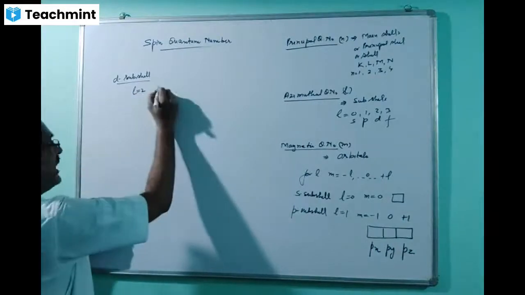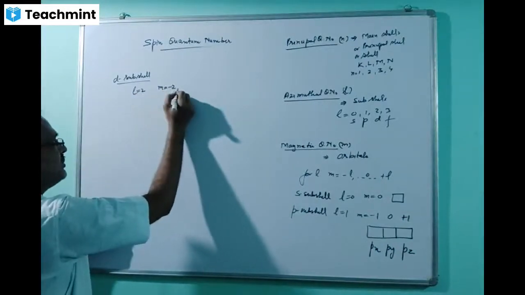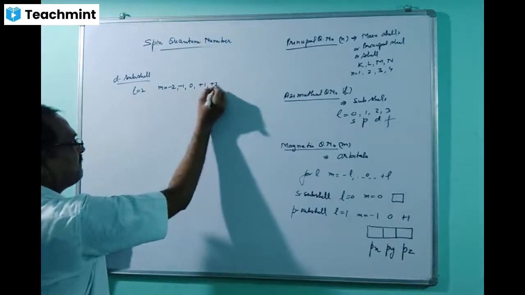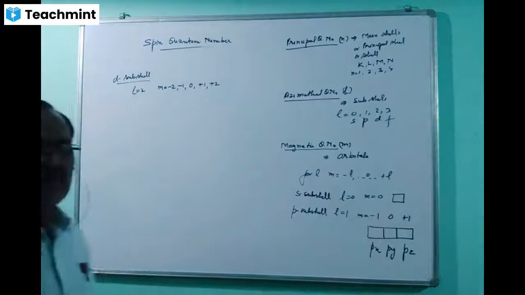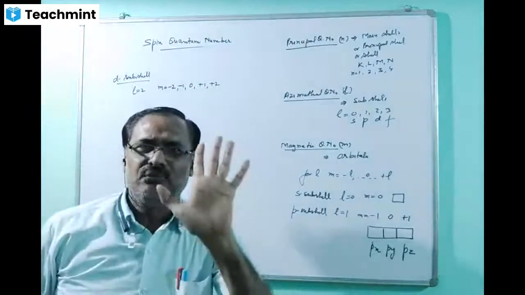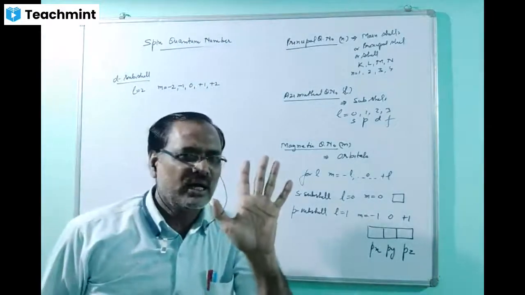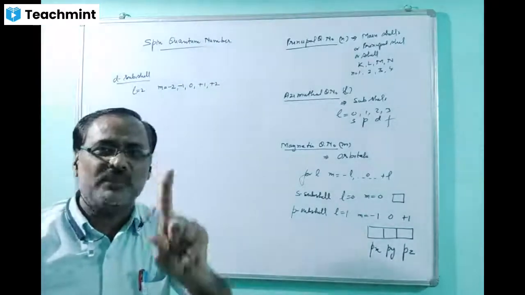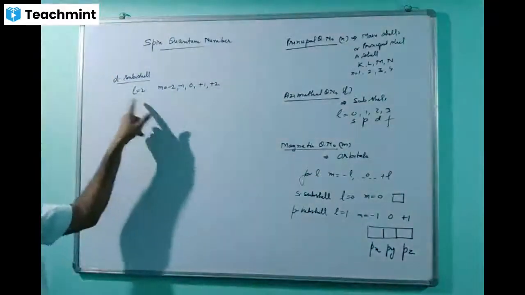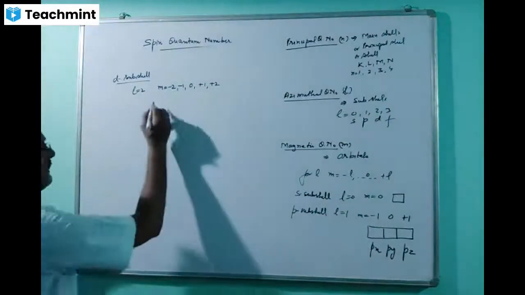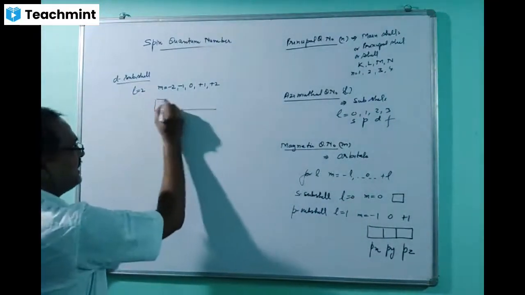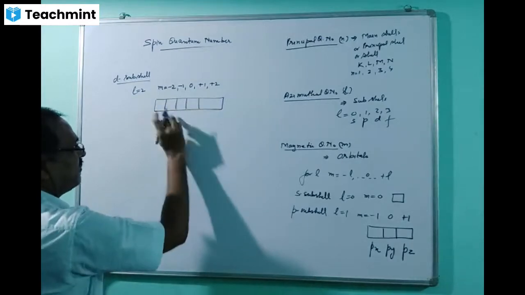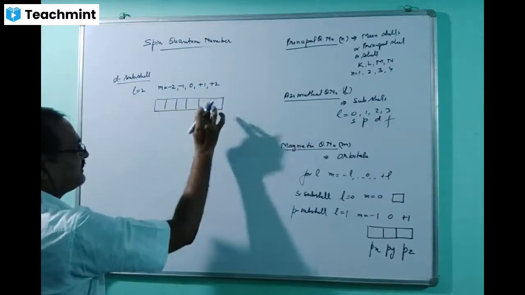Then the value of M will be minus 2, minus 1, 0, plus 1, plus 2. How many values do you get here? 5. So if you get 5 values, then 5 orbitals will be there. If I ask how many orbitals are in the D subcell, your answer will be 5 orbitals. Just see, 1, 2, 3, 4, 5.